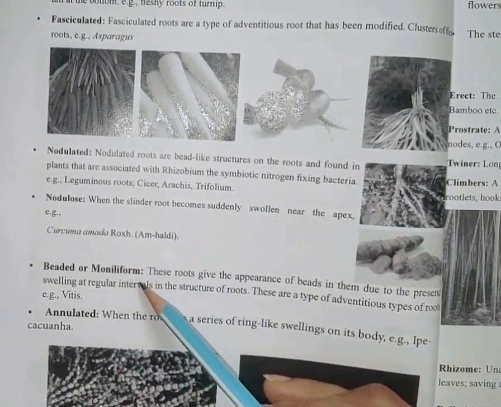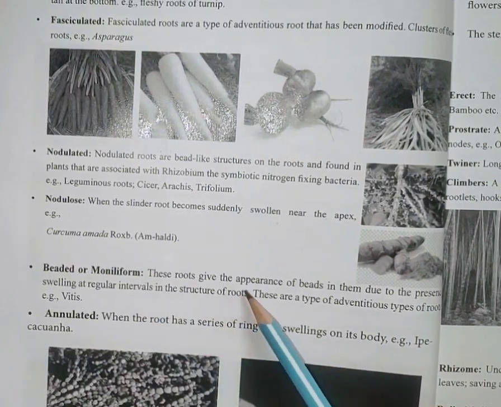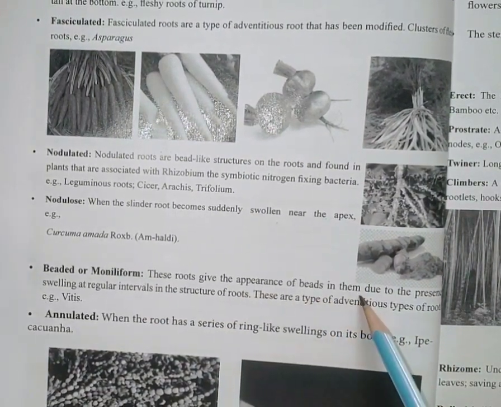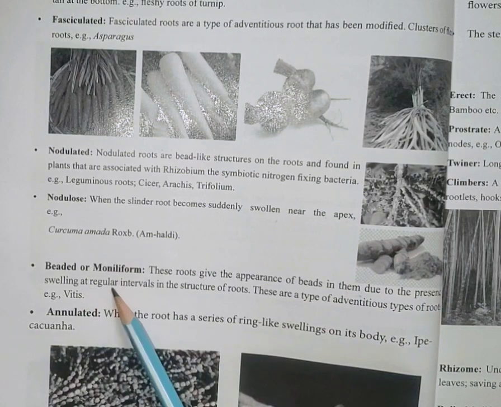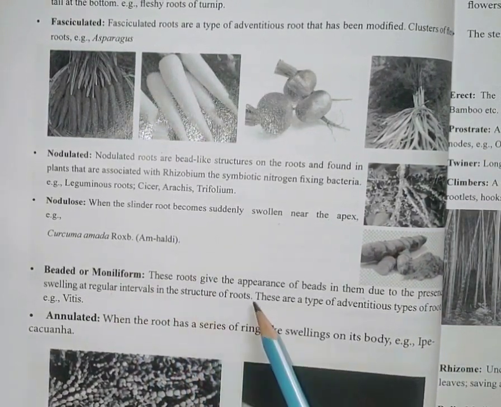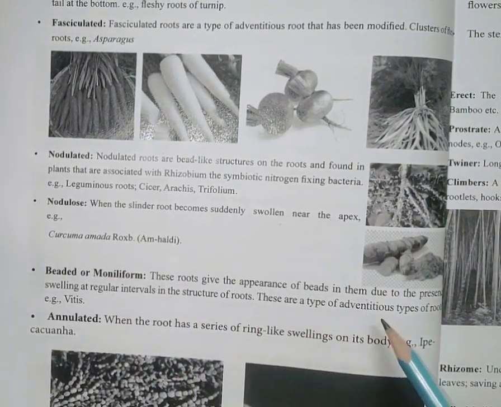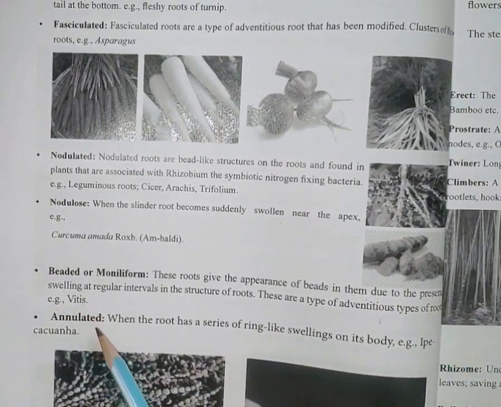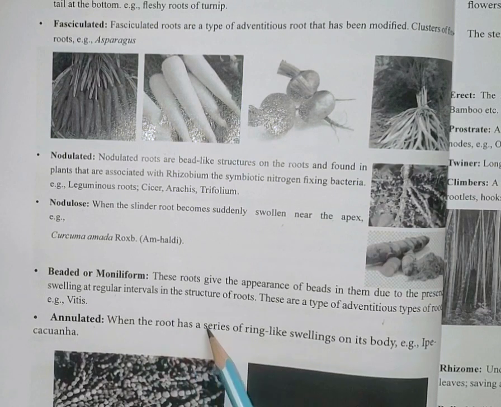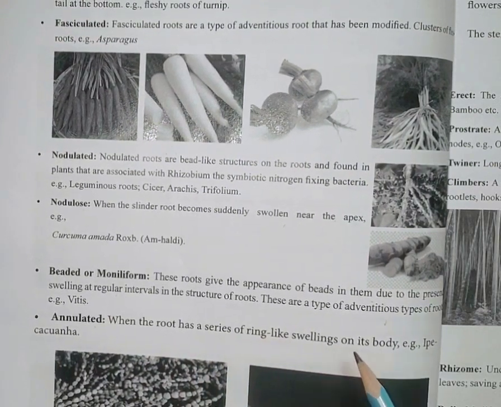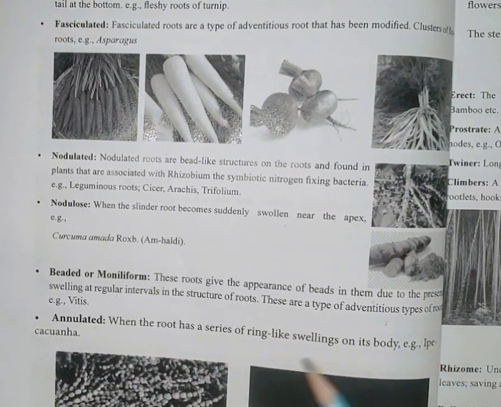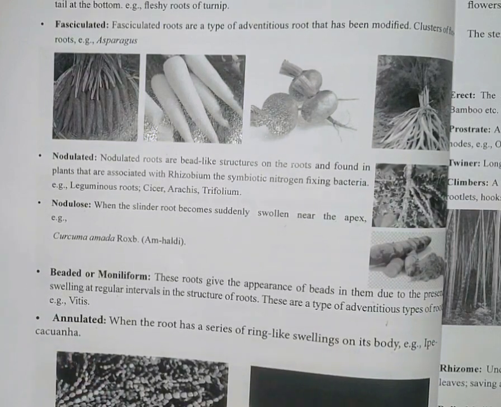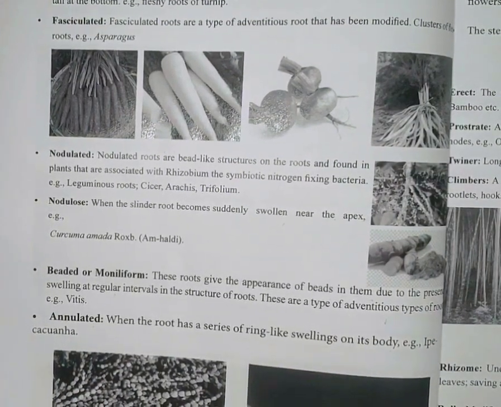Beaded or moniliform: these roots give the appearance of beads due to the presence of swellings at regular intervals in the structure of the roots. These are a type of adventitious root, for example, Vitis. Annulated root: when the root has a series of ring-like swellings on its body, for example, Ipecacuanha. This is a type of root system.